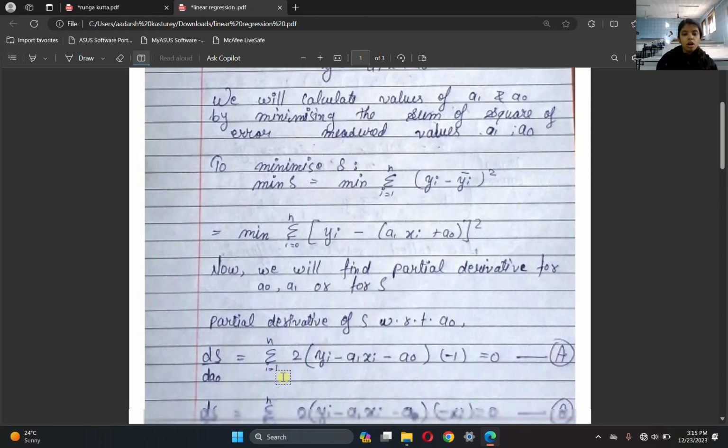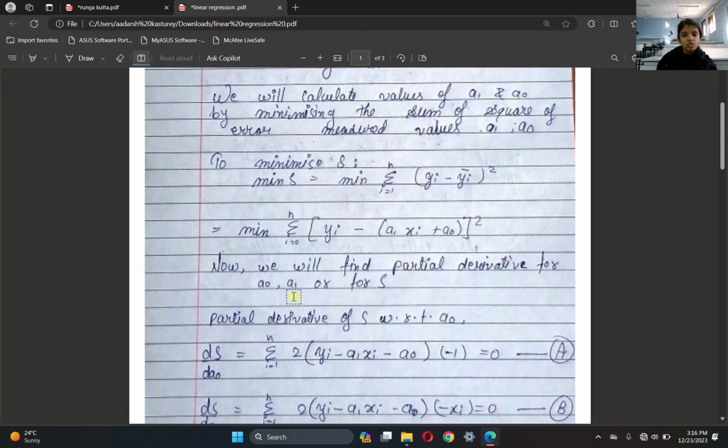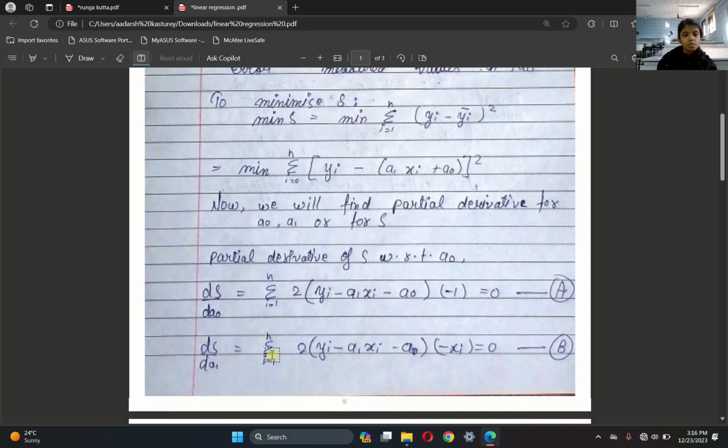Now we have to find the partial derivatives of S with respect to a0 and a1. Partial derivative of S with respect to a0: dS/da0 is equal to summation i = 1 to n of 2 into (yi minus a1 xi minus a0) into minus 1, equal to 0.